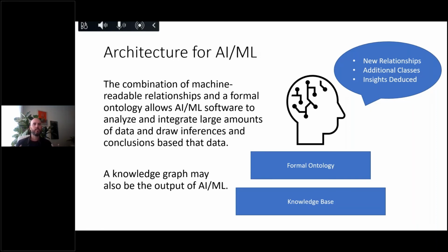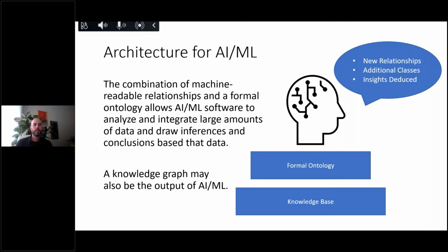It allows the machine learning algorithm to really utilize this information, understand the meaning of it, understand the context of it, and from that meaning, from that context, deduce new relationships, additional classes of information, all kinds of insights that can be gleaned from the information. So knowledge graphs really become a key input for artificial intelligence and machine learning.